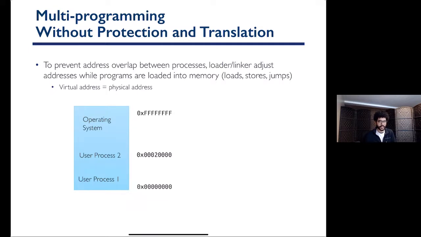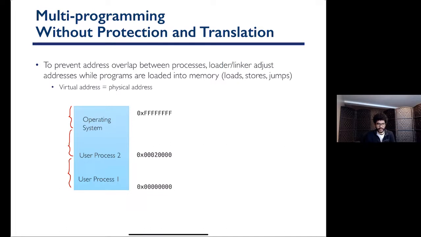So give a certain region of physical memory to each process. For example, in this figure, we would give this region to user process 1, and then this region to user process 2, and the rest of it would be the operating system.